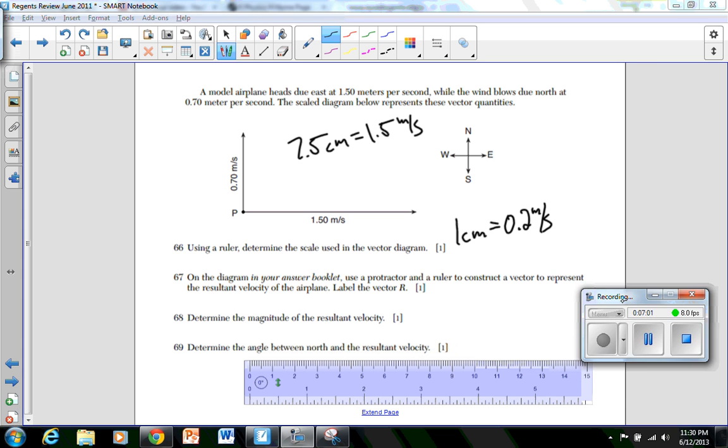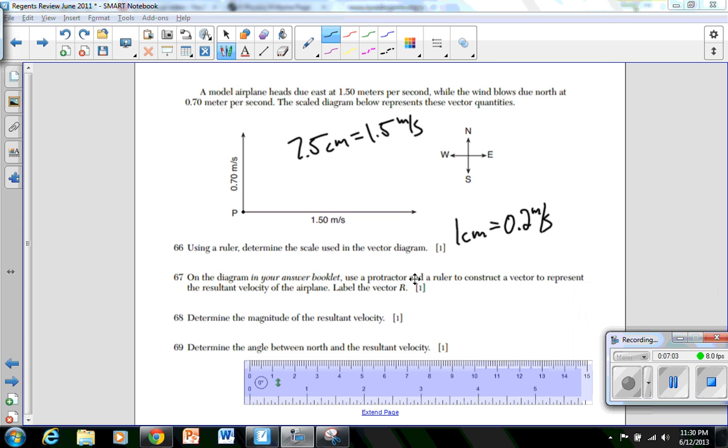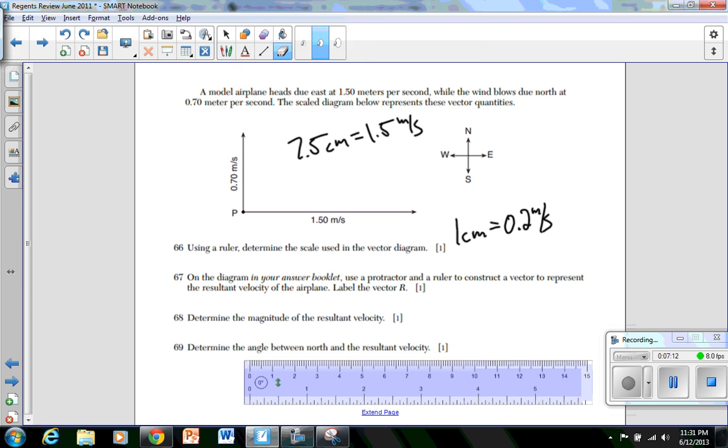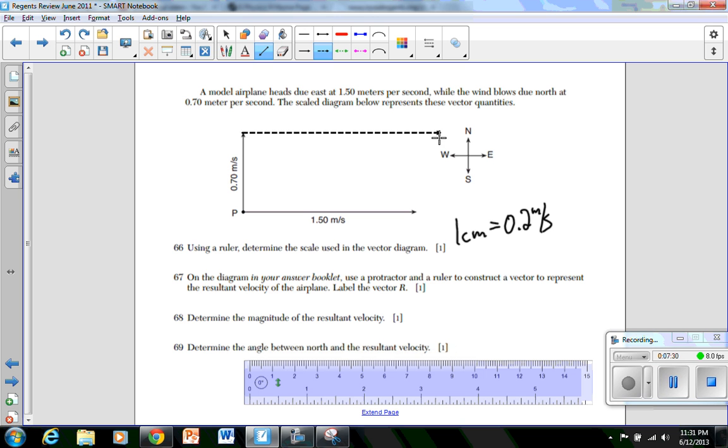Next question. It says, using a protractor and a ruler, construct a vector to represent the resultant velocity of your airplane. I'm going to have to erase this because that's in the way. Because you're using a ruler, I'm just going to go with some straight lines here. You're going to want to do a little parallelogram method here.